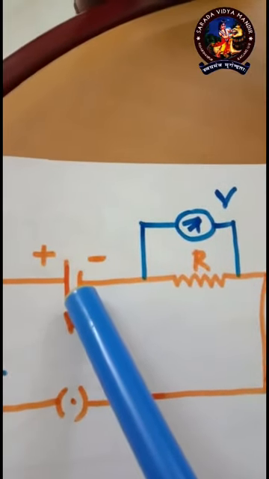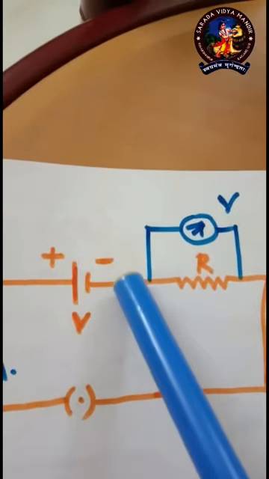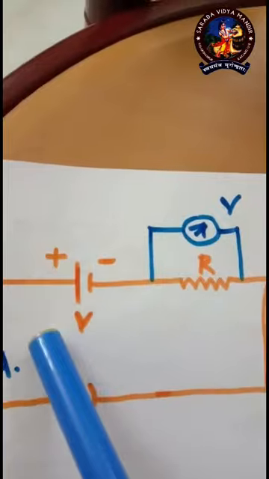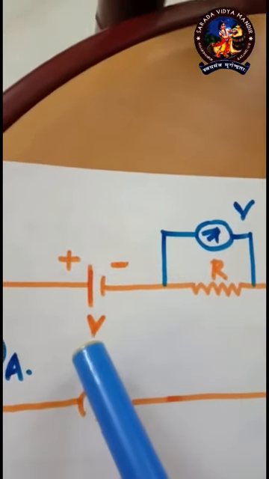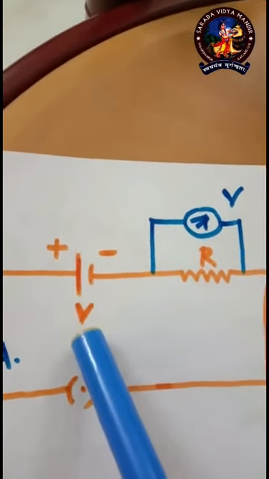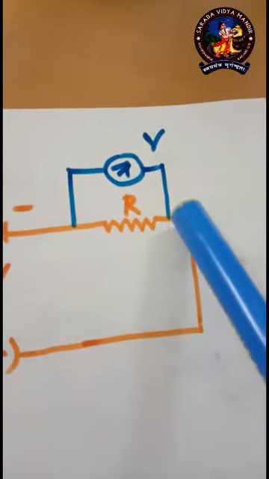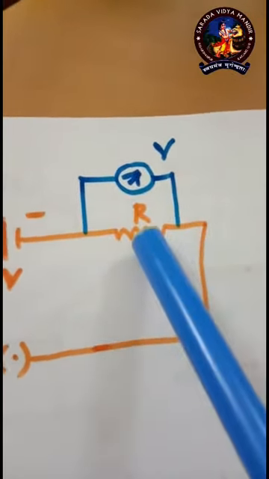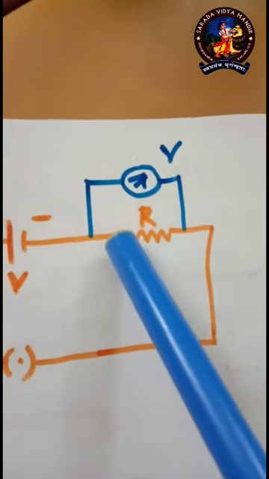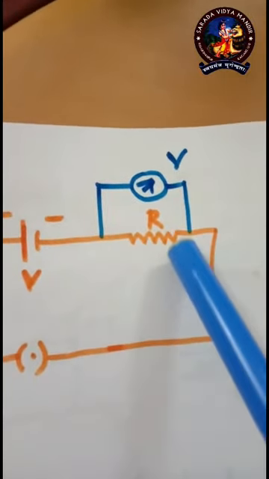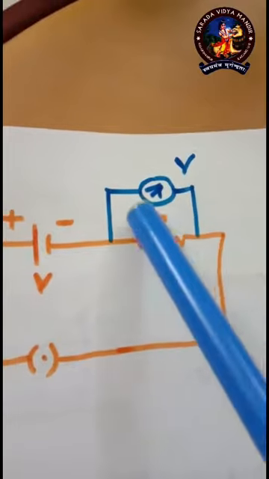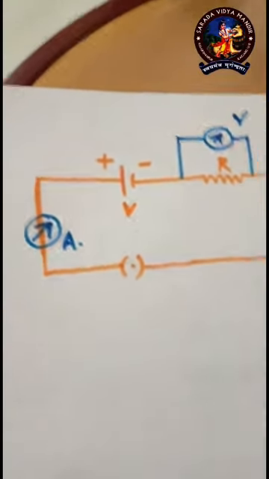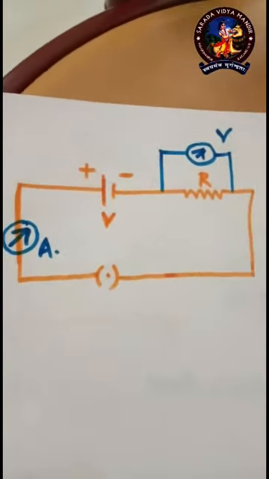Suppose we are using a 6 volt battery; if we put one voltmeter here, we get a reading of 6 volt. And if I put one voltmeter here across the resistance, we can see the potential that is dropped here due to the resistance. So this is the diagram of a circuit.